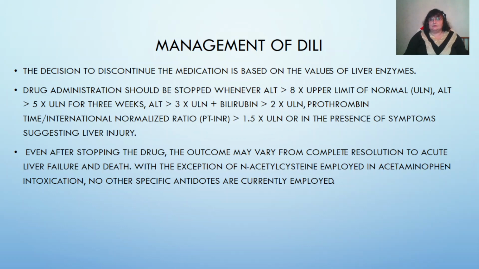Drug administration should be stopped whenever ALT is more than 8 times the upper limit of normal, ALT more than 5 times the upper limit of normal for 3 weeks, or ALT more than 3 times the upper limit of normal plus bilirubin more than 2 times the upper limit of normal, or prothrombin time INR more than 1.5, or in the presence of symptoms suggesting liver injury.